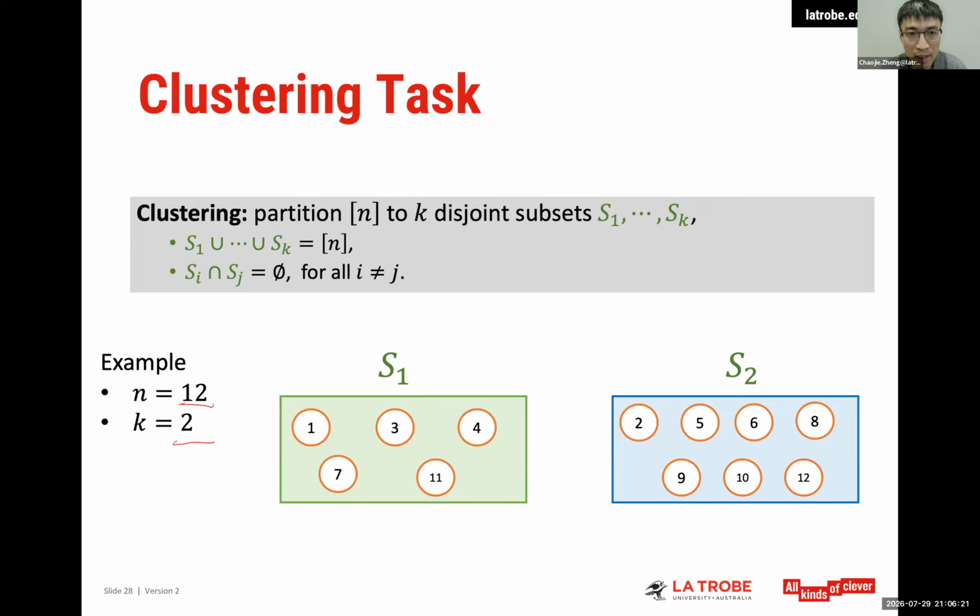So we can see that if we calculate the union of these two sets, that would equal the entire 12 data points. 5 plus 7, so in total, we got all the data points included in these subsets. And if we check the intersection of S1 and S2, we will see that these two subsets are sharing no common points.